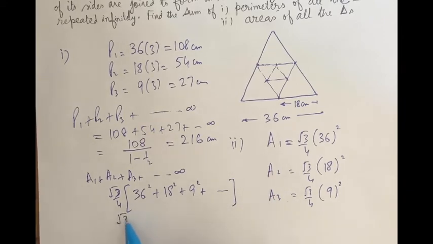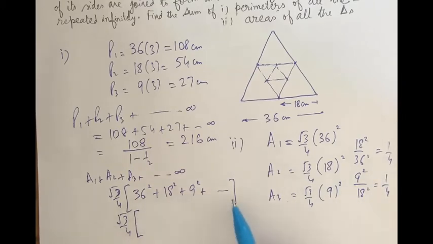We can find out that this is a GP. What is 18 square upon 36 square? This is 1 by 2 square, that is 1 by 4. Similarly, what is 9 square upon 18 square? This is 1 by 2 square, that is 1 by 4.